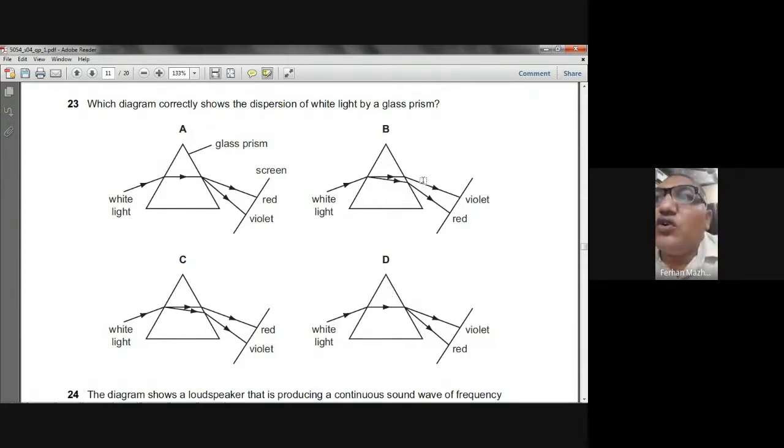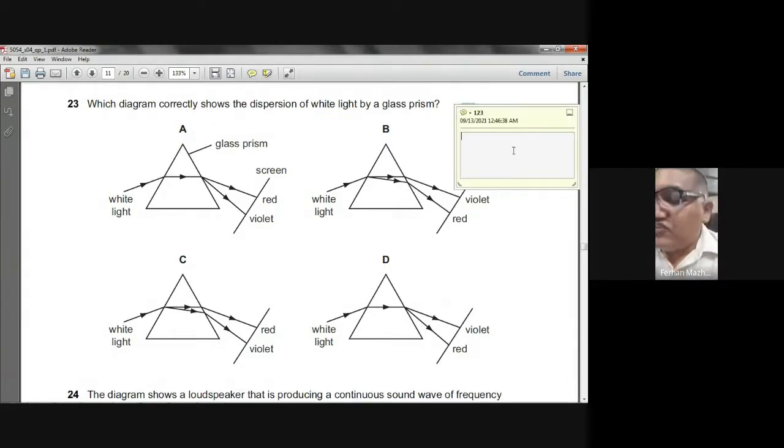Okay, so you know the order of the colors, we have a word for that. What is that word? Remember this word. We say ROY G BIV. ROY G BIV.